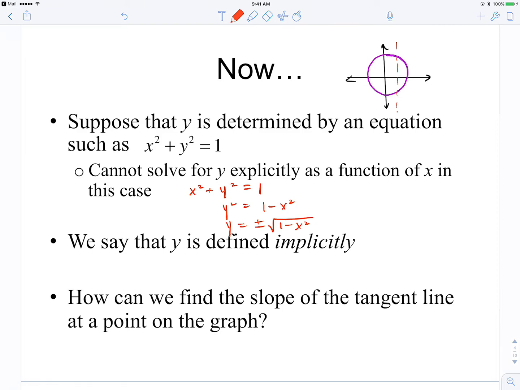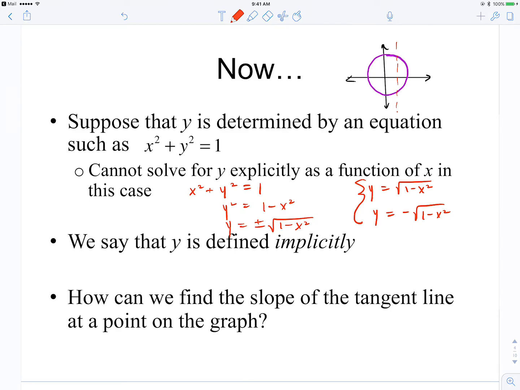We get two different functions that represent the graph of the equation x squared plus y squared equals 1. So we would have y equals the square root of 1 minus x squared, and y equals the negative square root of 1 minus x squared. One equation represents the top of the circle, and one represents the bottom of the circle.